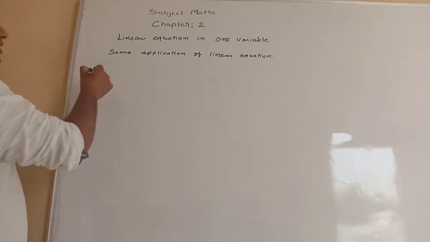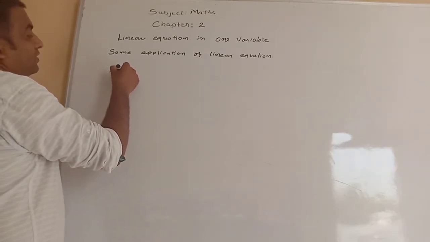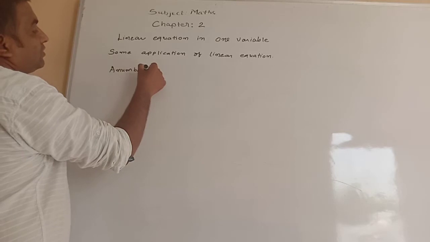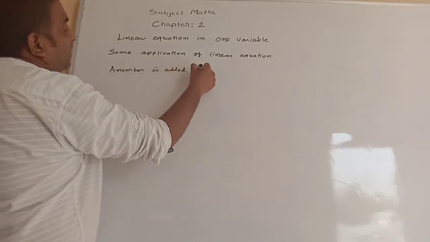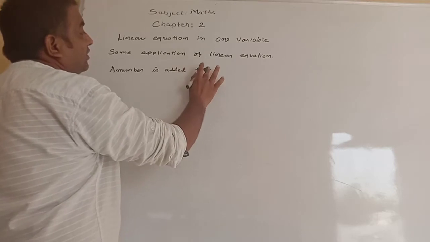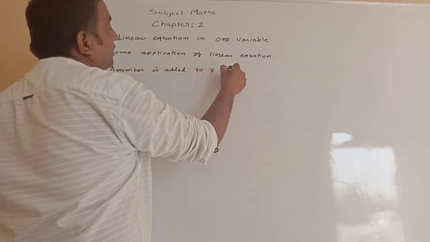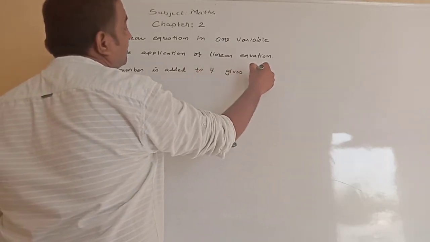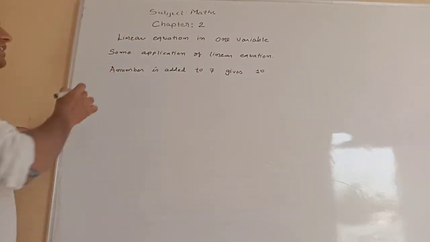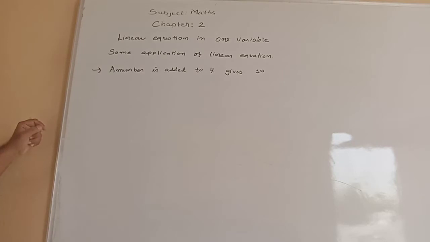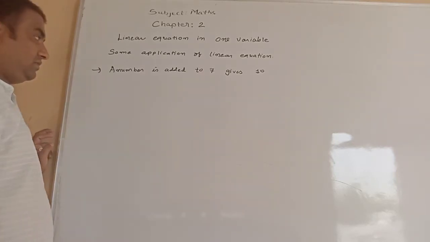Suppose we write: a number is added to 7 gives 10. A simple line is given to us. A number is added to 7 gives 10.